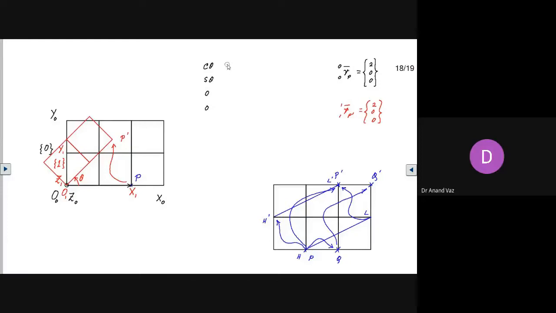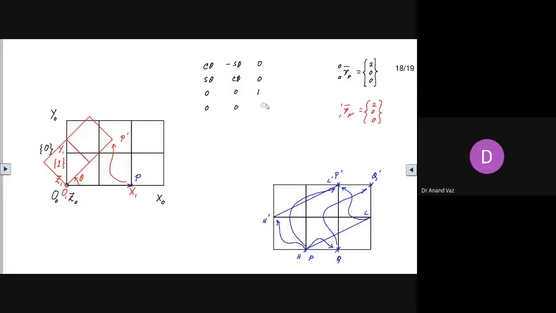Here you will have minus sine theta, cos theta, 0, 0, and this will be 0, 0, 1, because this is about the z axis.